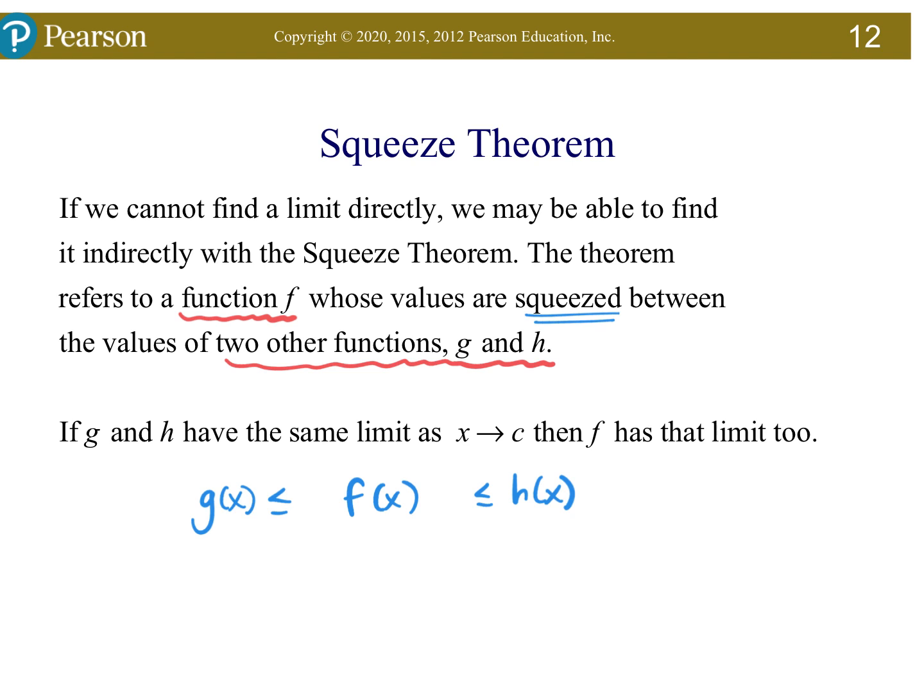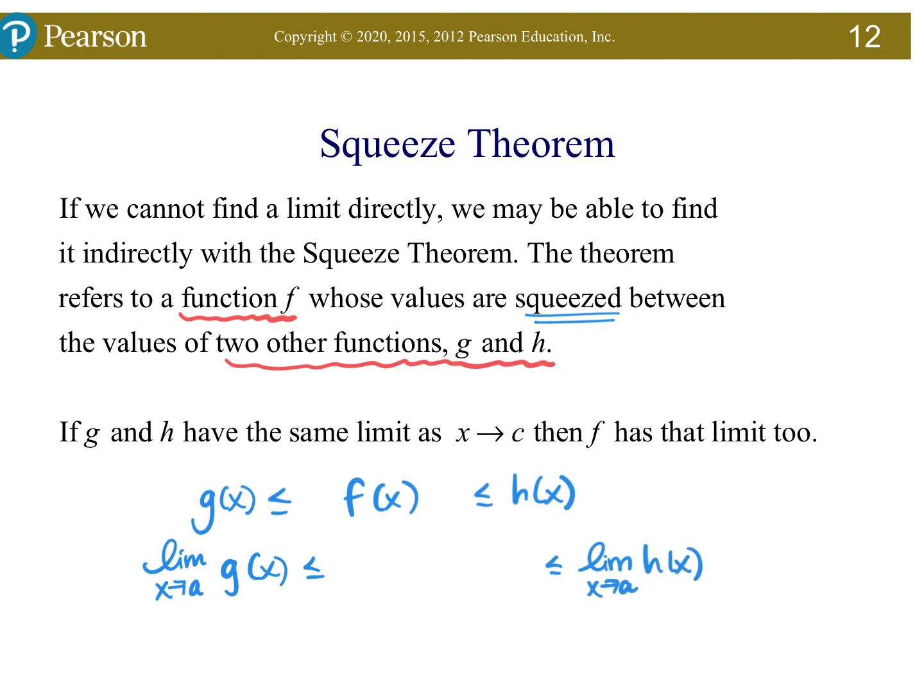The way we squeeze them is by introducing the idea of a limit. And so we say, okay, well, what if we take the limit of all 3? The limit of the g function on the bottom, and we take the limit of the h function on the top.